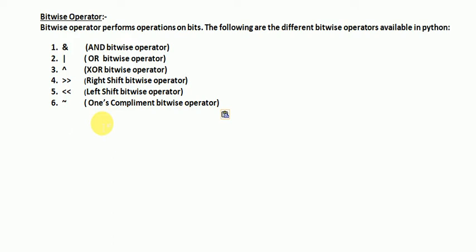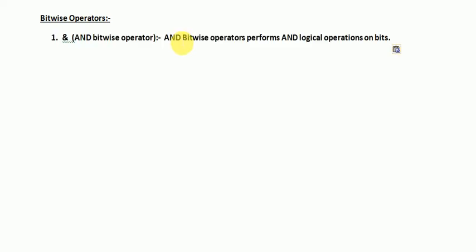So let's start. Here we have the first bitwise operator, that is the AND bitwise operator. The AND bitwise operator performs the AND logical operation on bits. Let's take an example.